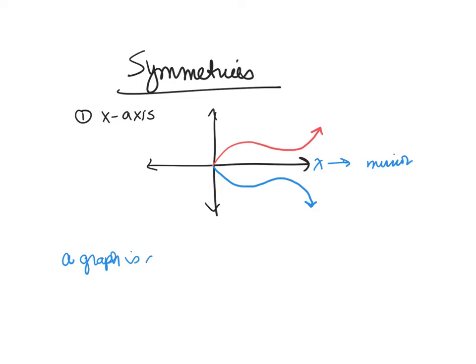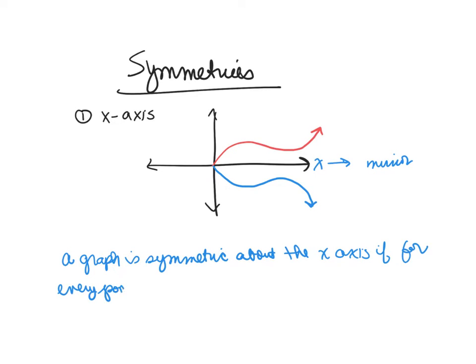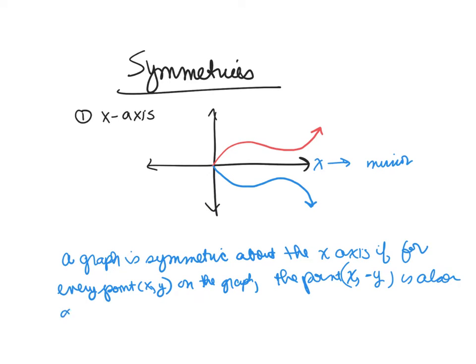A graph is symmetric about the x-axis if for every point (x, y) on the graph, the point (x, -y) is also on the graph.